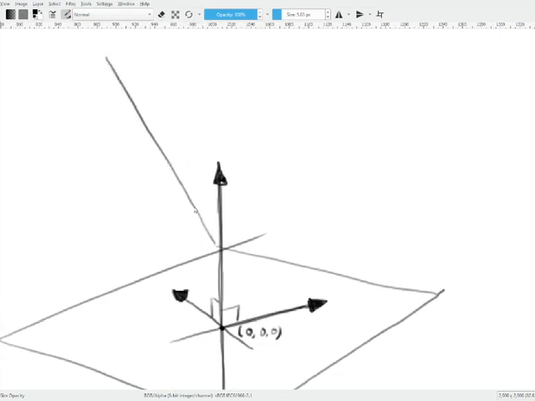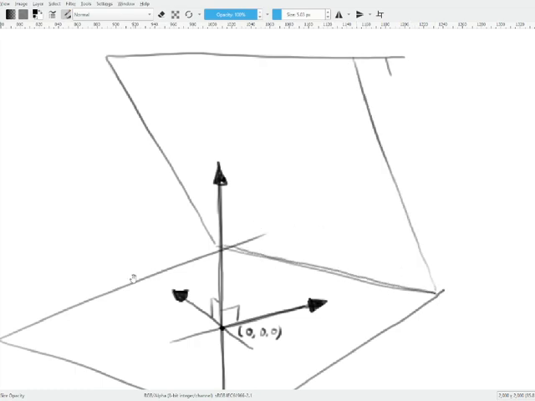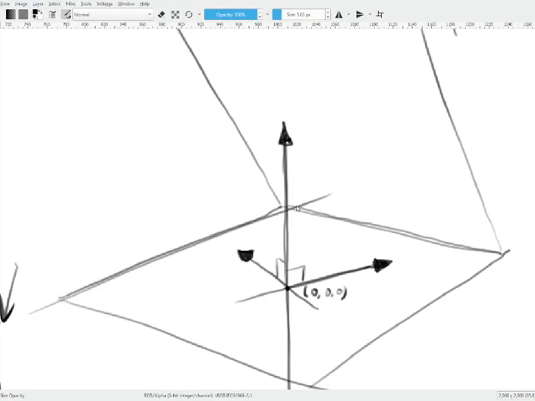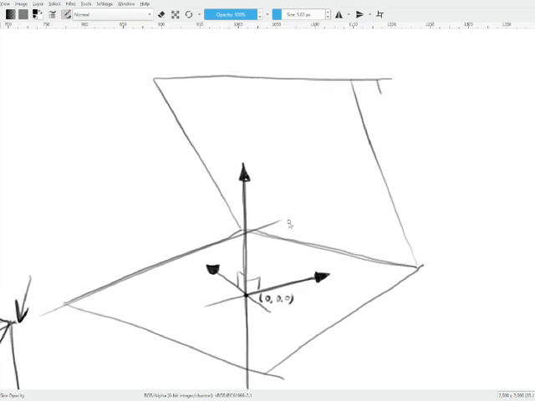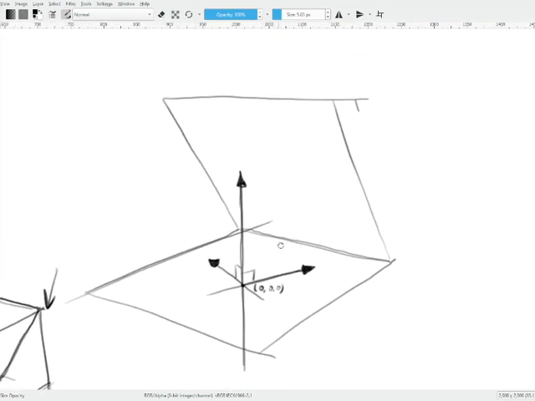I want it to be rotated like this, because in the general position we want it to be not parallel to any of these lines. Otherwise it will be some edge case which should be handled separately.